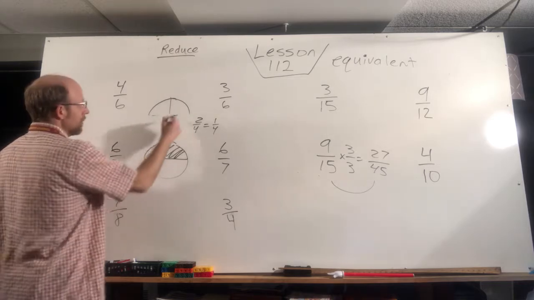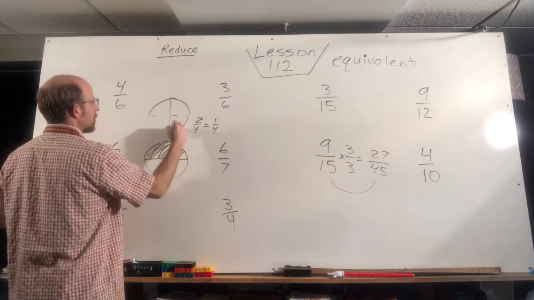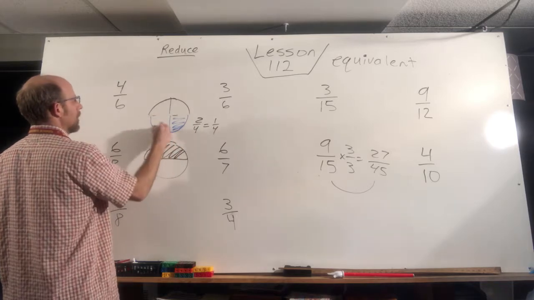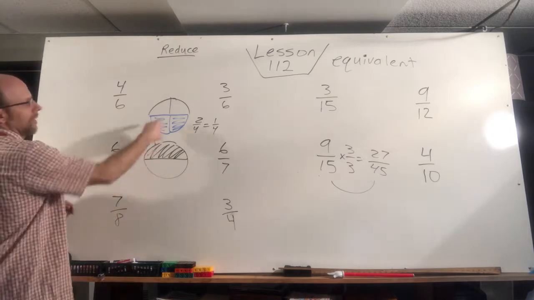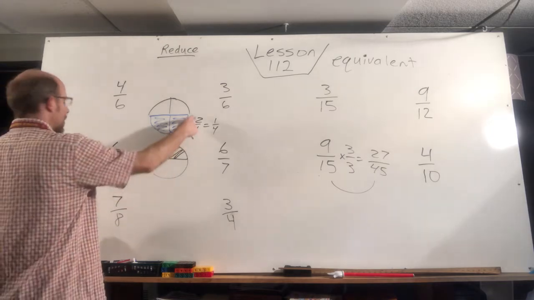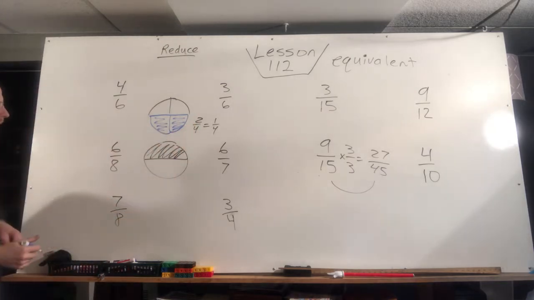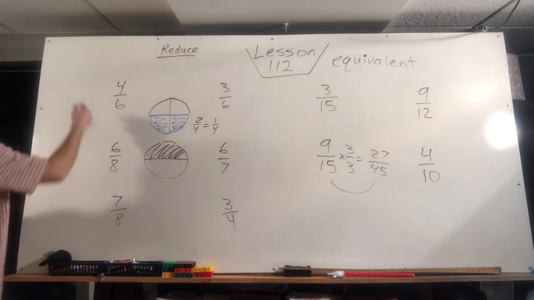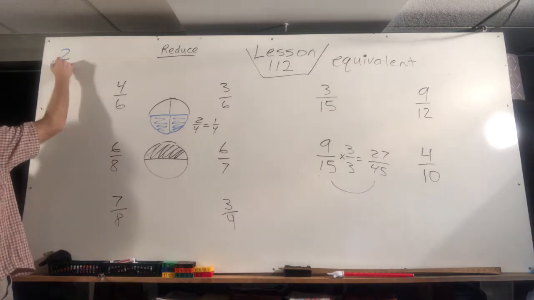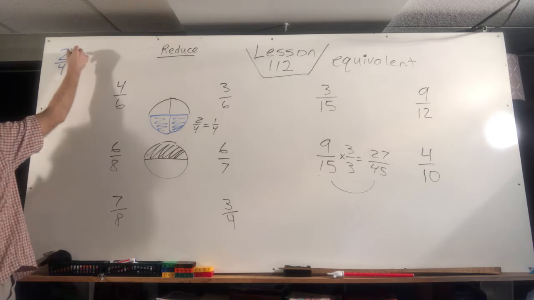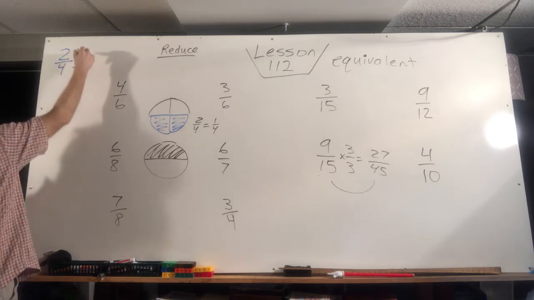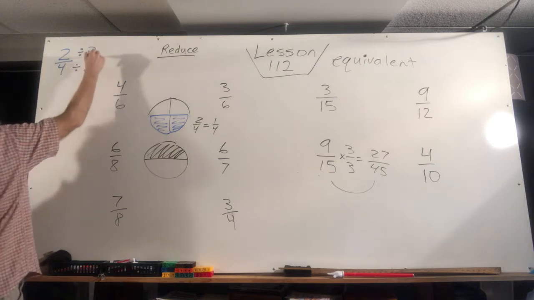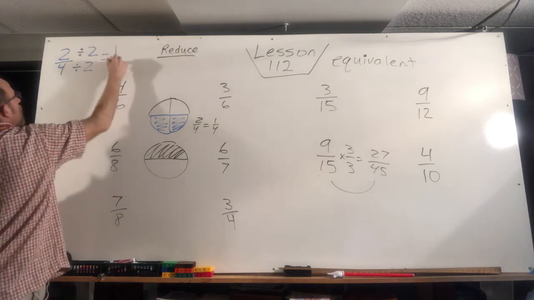There's 1, 2, there's 2/4. That's the same as 1/2. So how did we get from 2/4 to 1/2? Well, if we have 2/4, we can divide by 2 and 2, and that equals 1/2.